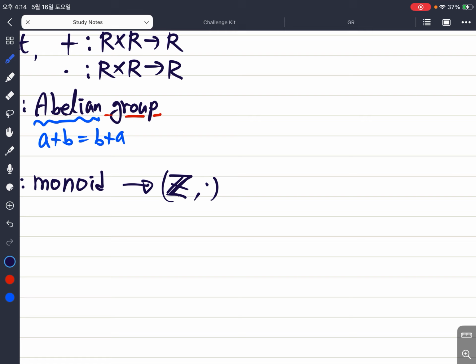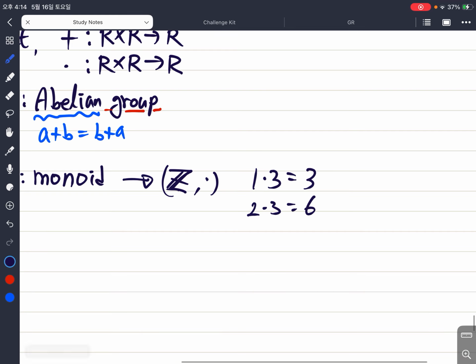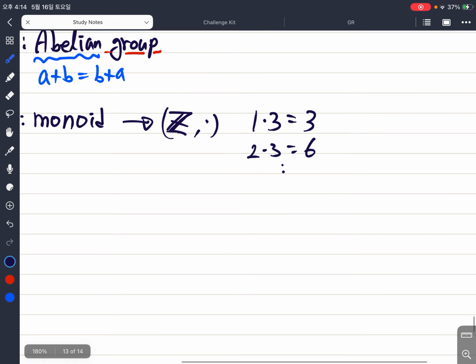So you know, 1 times 3 is 3, 2 times 3 is 6, something like this. This has a neutral element. 1 is the neutral element, but there is no inverse because 1 over 3 is not an integer. Easy.